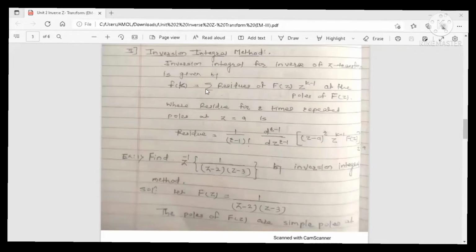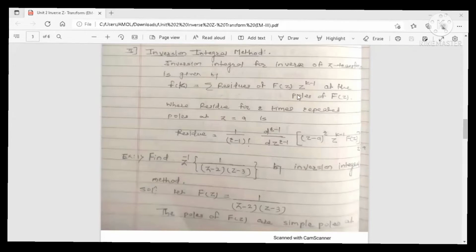And the inverse Z transform is nothing but the addition of all the residues of f of z into z raised to k minus 1 at the poles of f of z. Already the f of z term will be given in the example. You multiply that term by z raised to k minus 1 and then find the residues of f of z into z raised to k minus 1 at the poles of f of z.